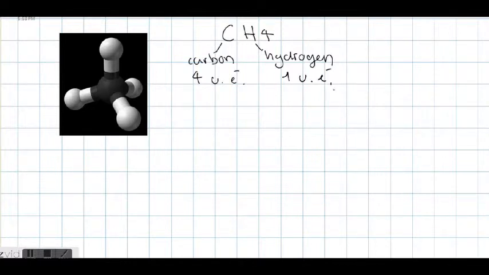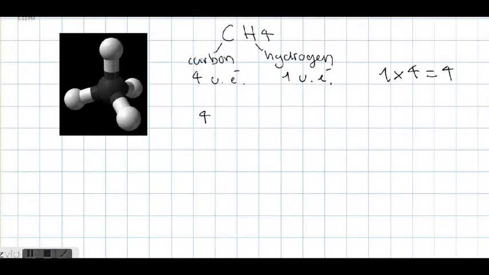Now, in order to be able to identify all the different valence electrons in a compound, we need to add the valence electrons of the individual different atoms. So we know that carbon has 4 valence electrons and hydrogen has 1. But since there are 4 different hydrogens in this methane compound, we need to multiply 1 times 4, which equals 4.